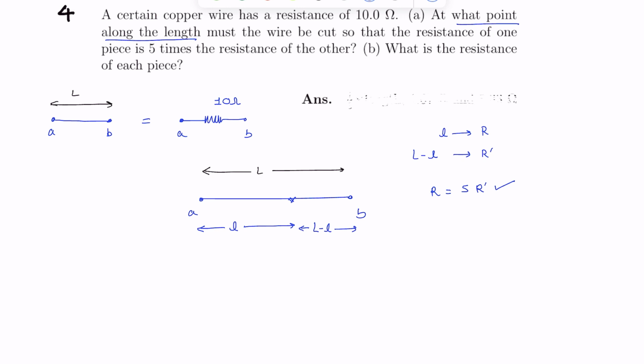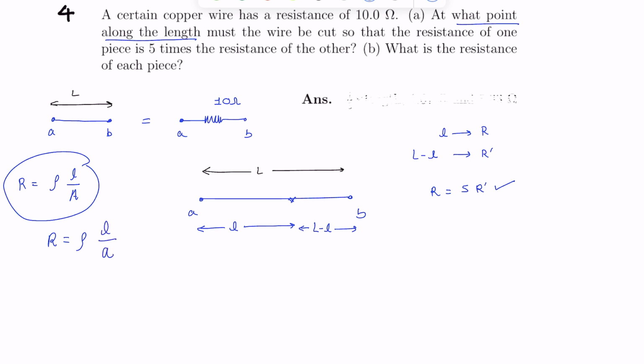So we already know the formula, R equals rho times length divided by area, right? This is not the same R, but this is just the formula for resistance. For the first piece, the resistance R is rho, the resistivity, times l, the length, divided by area, let's say small a.